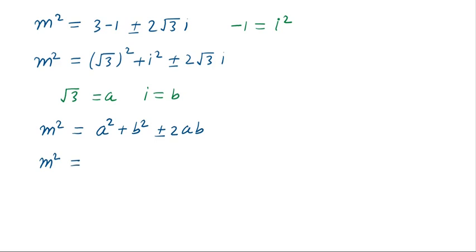Here a square plus b square plus minus 2 times ab is the same as a plus minus b whole square.